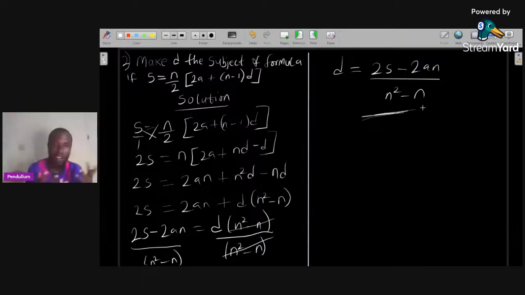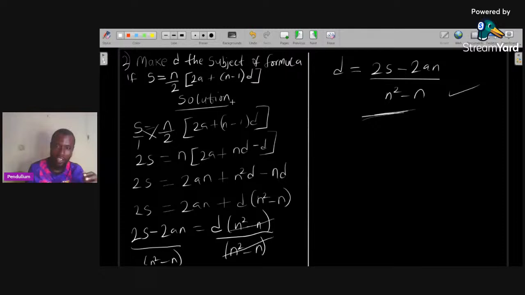But what I was saying is, if you have to find d, the common difference of an arithmetic progression, and they give you the sum, you can just use this formula to find the common difference.